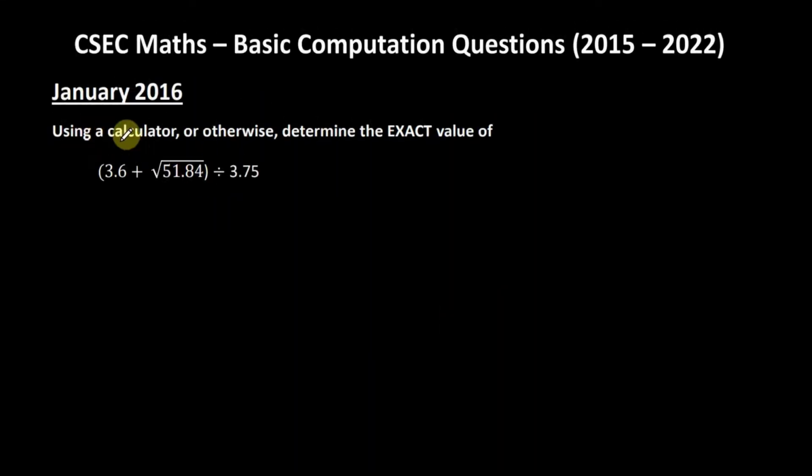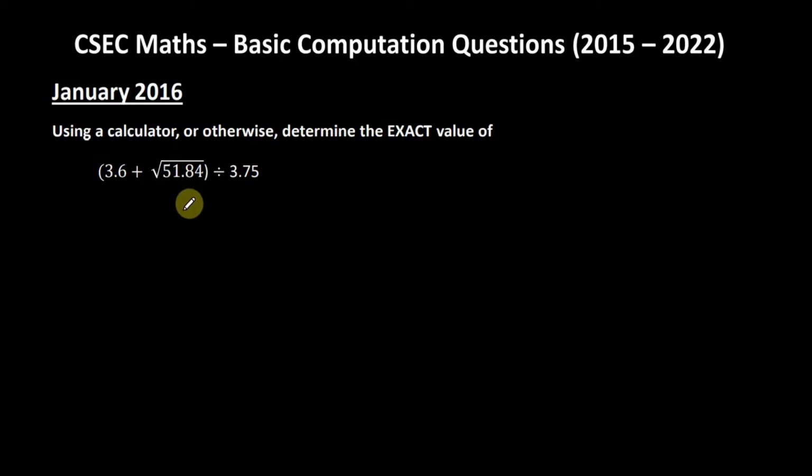Now our next question was given on the January 2016 paper, and the instruction is the same: using a calculator, otherwise determine the exact value of this expression here, open bracket, 3.6 plus the square root of 51.84, close bracket, divided by 3.75.